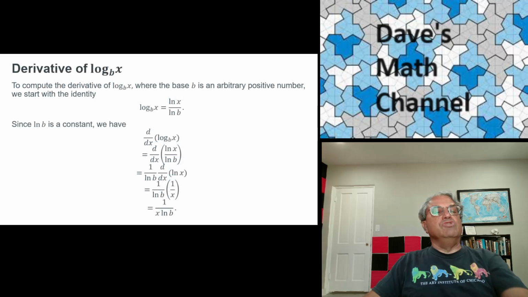And if we wanted to compute the derivative of the common logarithm, log to base b, here I'm using b instead of a. I prefer to use b, I guess, just because b stands for base. But anyway, how do we do that? Well, the way we do it is we first note that the log to base b of x can be rewritten as the natural logarithm of x over the natural logarithm of b. This is an identity.